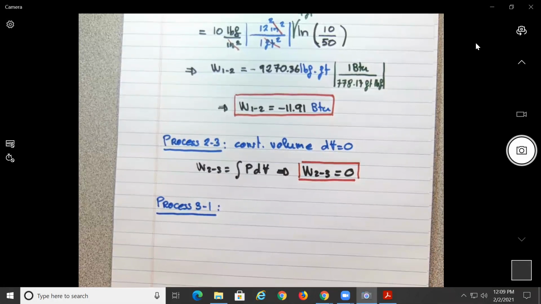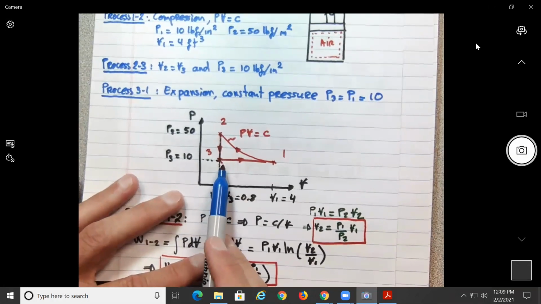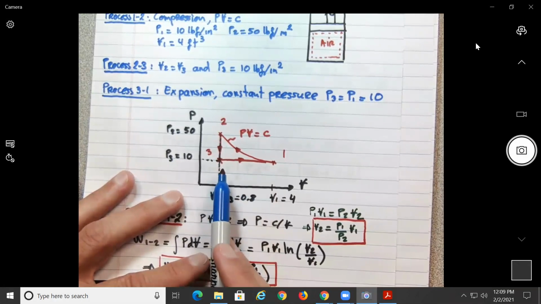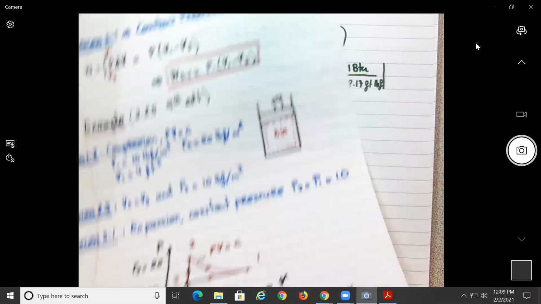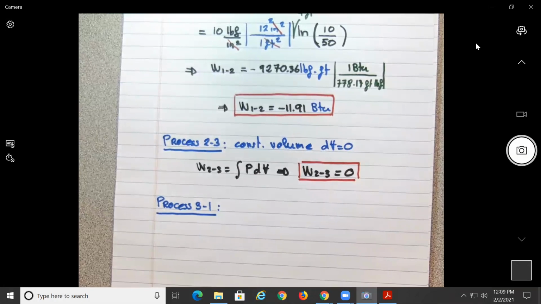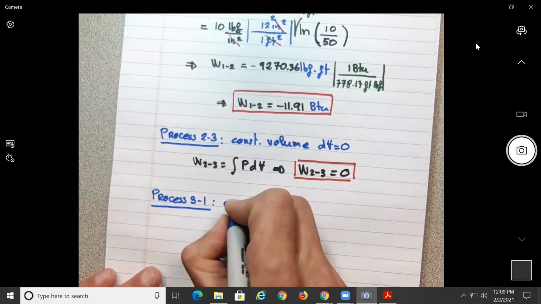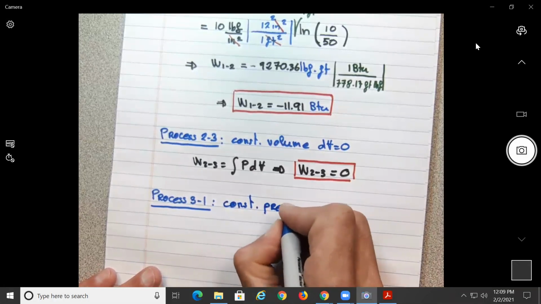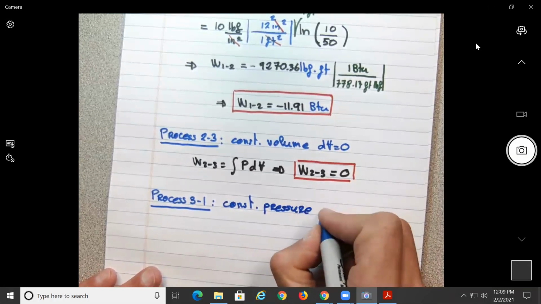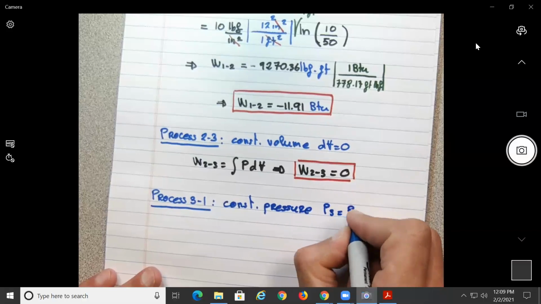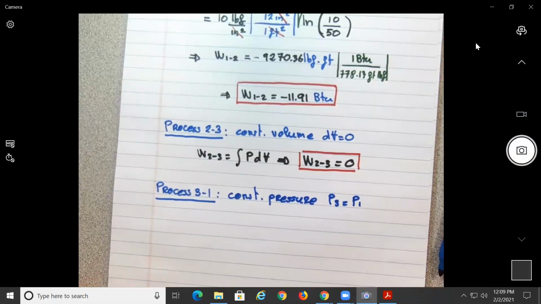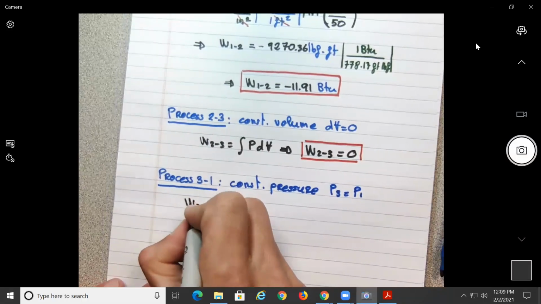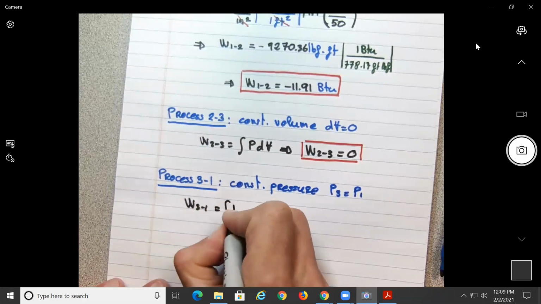Okay, and next will be process 3.1. You look at the figure, will be constant pressure. Okay? So you can say here for constant pressure, which means P3 equals to P1. We're gonna work 3.1 equal to integral P dV.